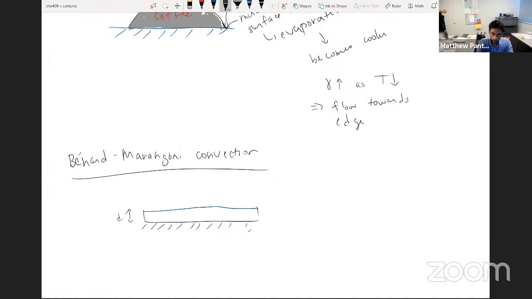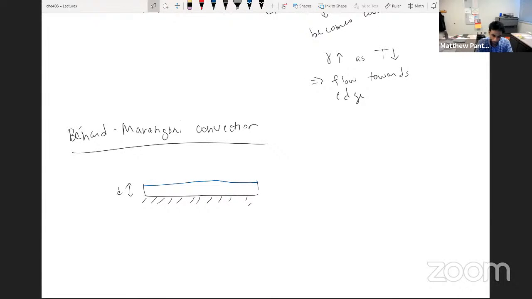Again, we talked about the idea of surface tension having a temperature dependence. We can write a simple model for that. The surface tension as a function of temperature would be some surface tension at some standard state, minus some parameter, let's call it gamma, just a constant, times the difference between the actual temperature and that reference temperature.